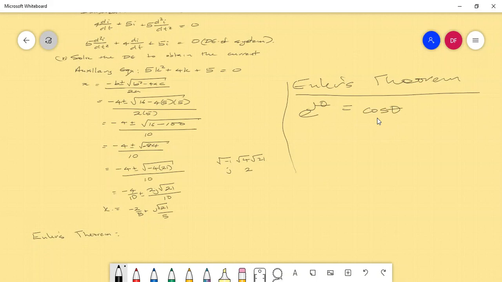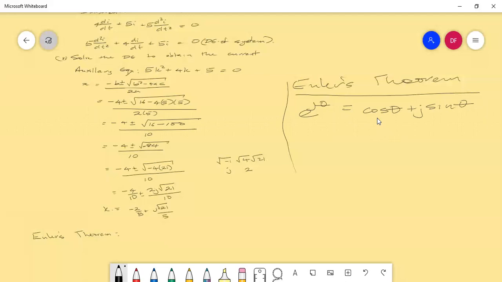And I hear crickets in the background. Everybody don't know this? You just need to remember it. E to the j pi, or e to the i pi, plus 1 equals 0. That's it.